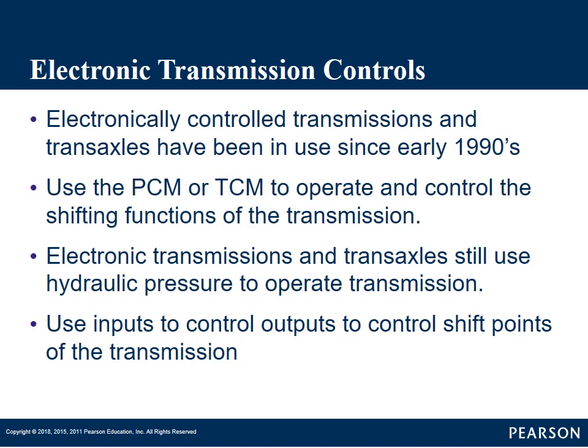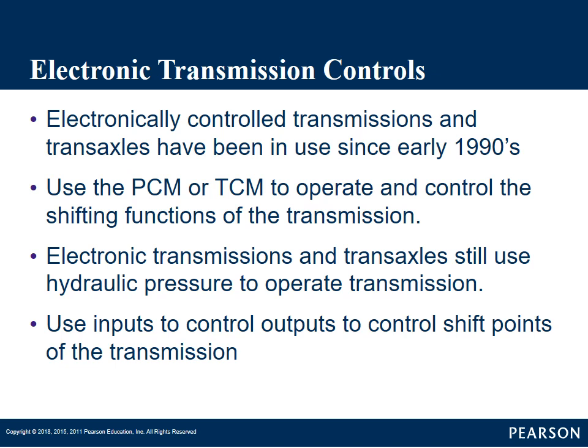All right, as we know from our history lesson on automatic transmissions, we've had electronically controlled transmissions around since the early 1990s. By the late 1990s, almost, if not all, transmissions were electronically controlled.